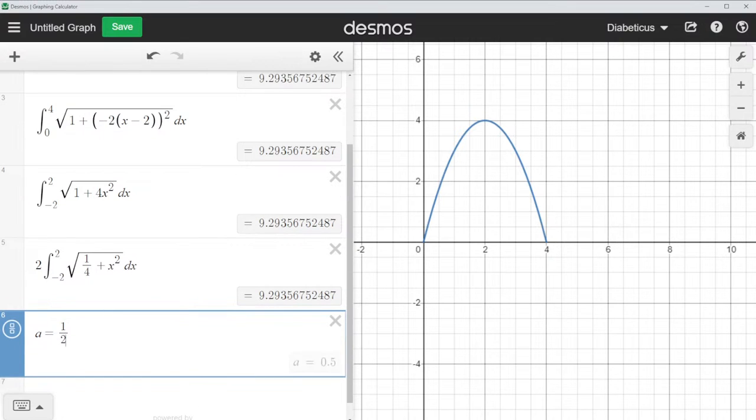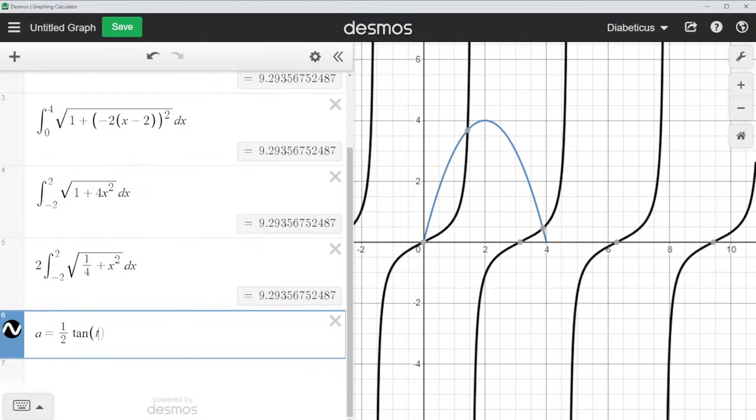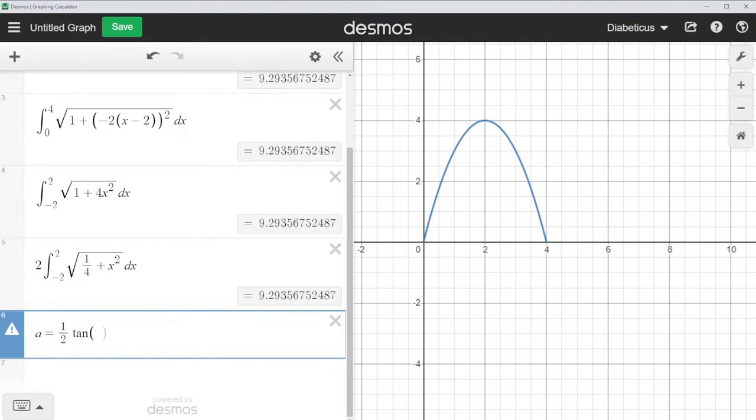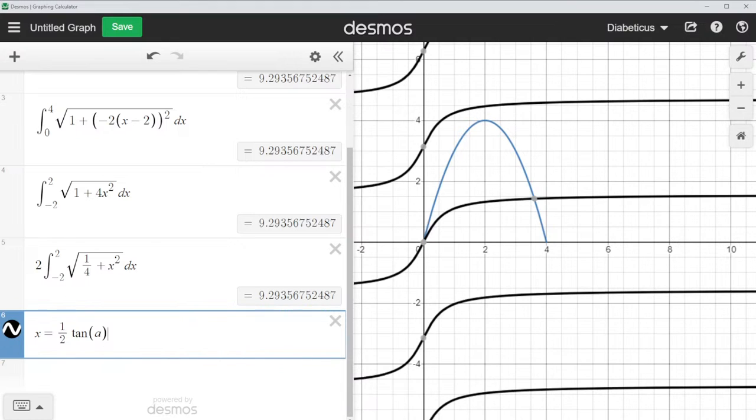Equals, like, 1/2 tangent. What was it? X equals 1/2 tangent a. I think that's what you did, what I remember doing.